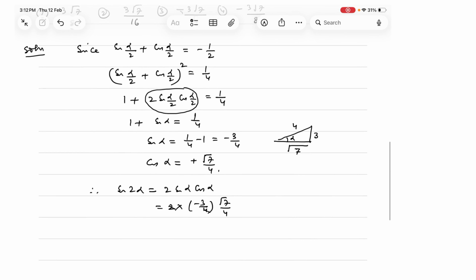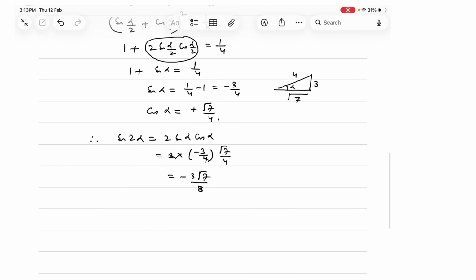So 2 gets cancelled partially, and we get minus 3 root 7 by 8, because a 2 is left over. Therefore, required answer will be minus 3 root 7 by 8. Answer is fourth option.